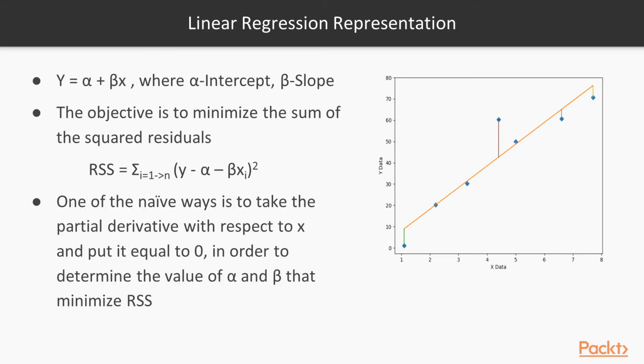One of the naive ways to minimize this RSS is to take the partial derivative with respect to x and put it equal to 0 in order to determine the values of alpha and beta. That would minimize the RSS because at that point the slope is 0 and it can be considered a minimum.